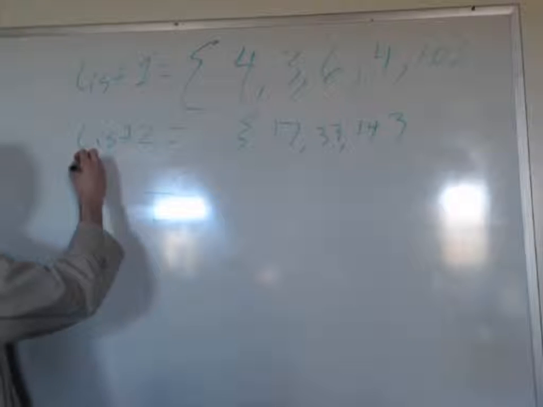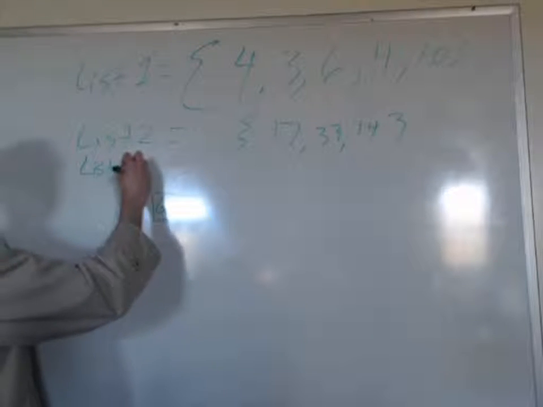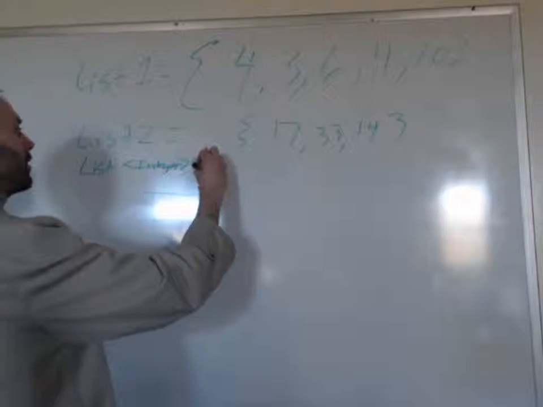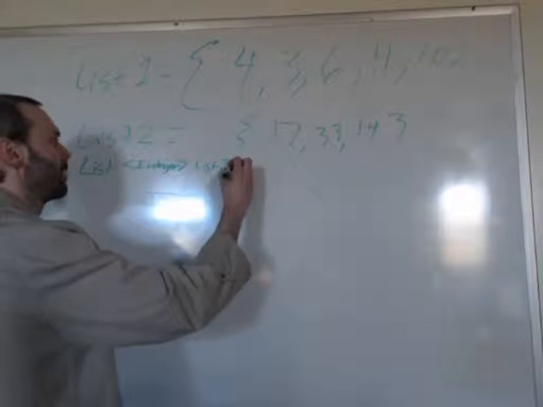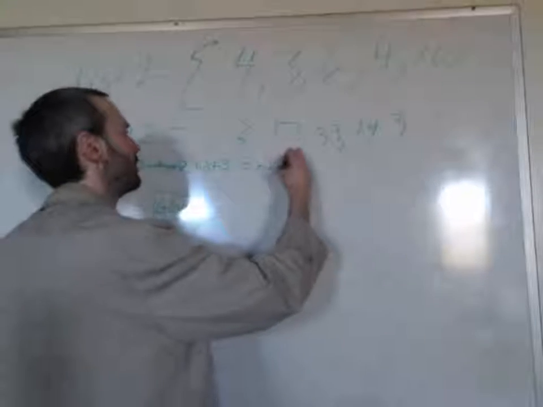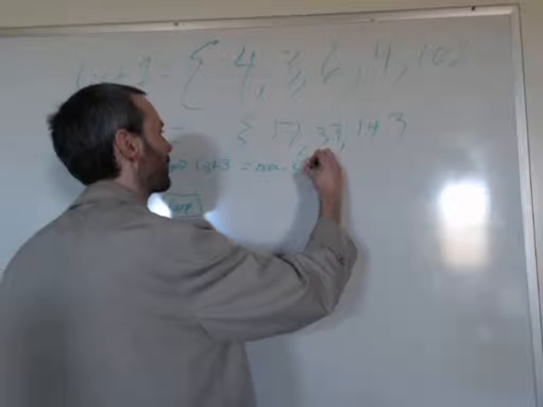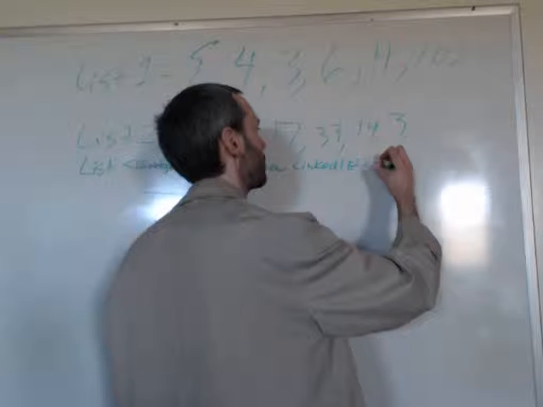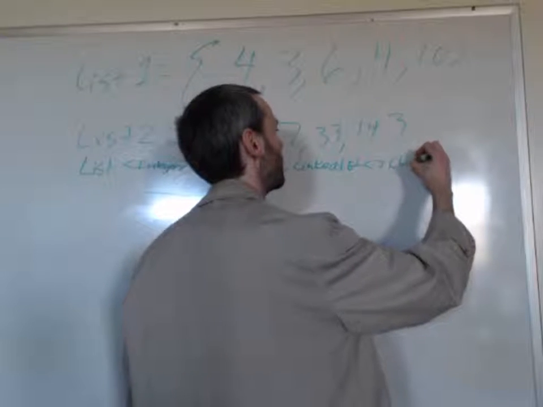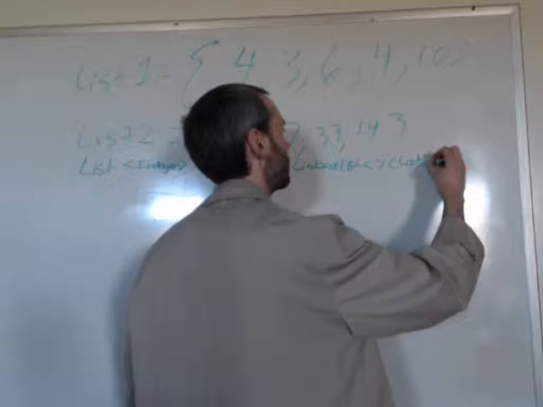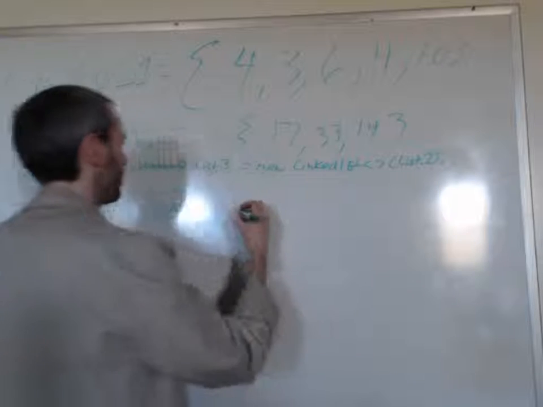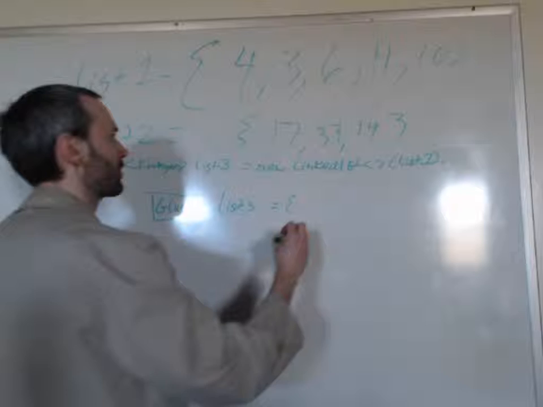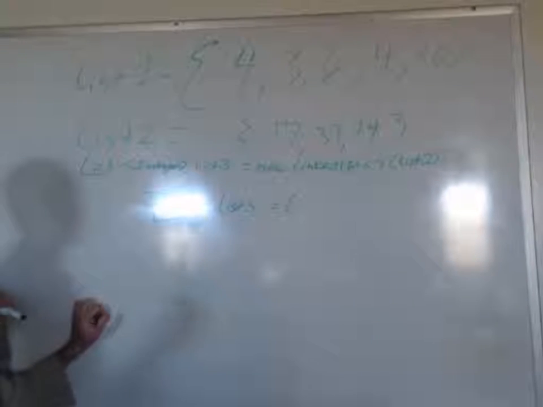So if we do list of integer list 3 equals new, we'll make it a linked list this time. List, and we'll pass in list 1. That means list 3 equals, what is it going to equal?